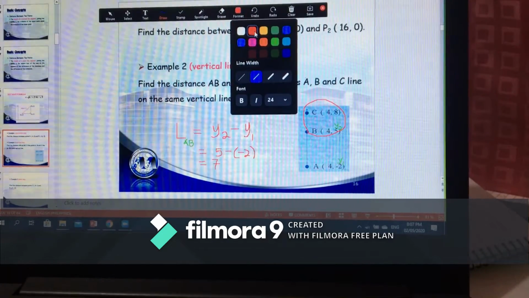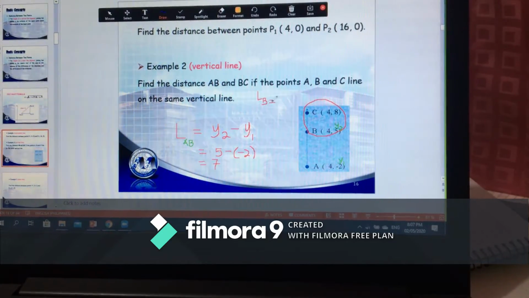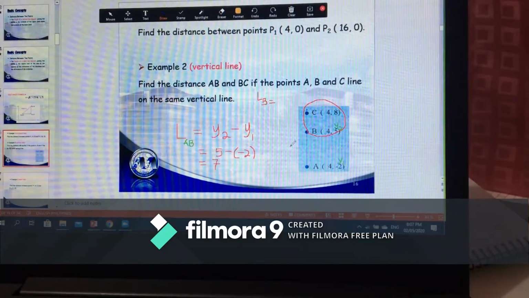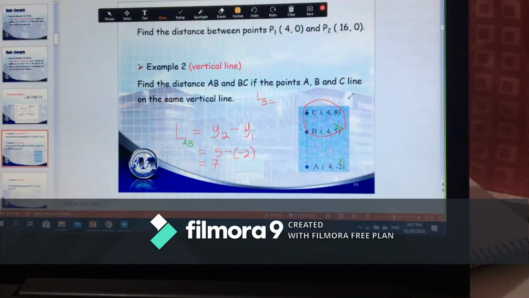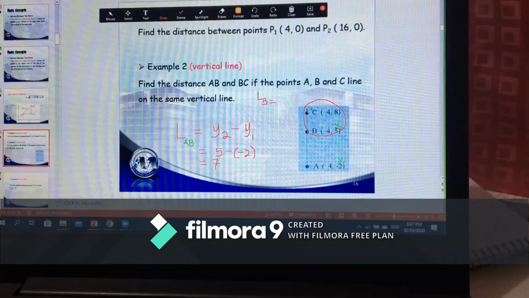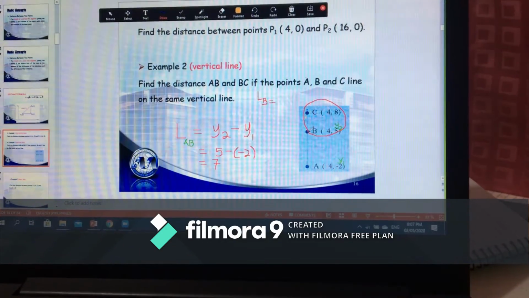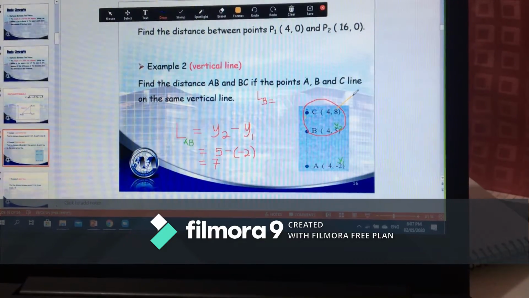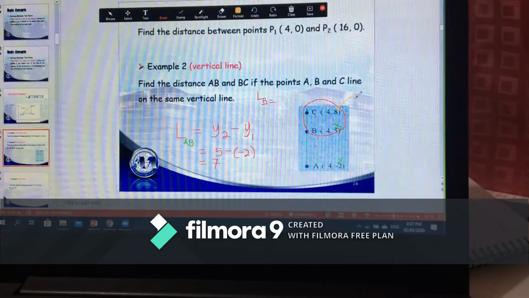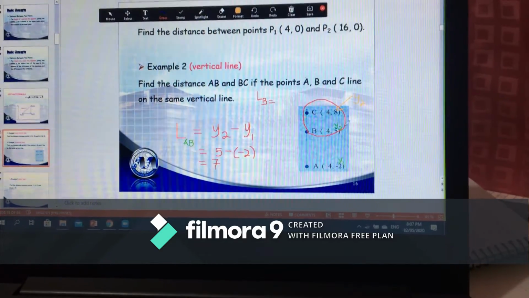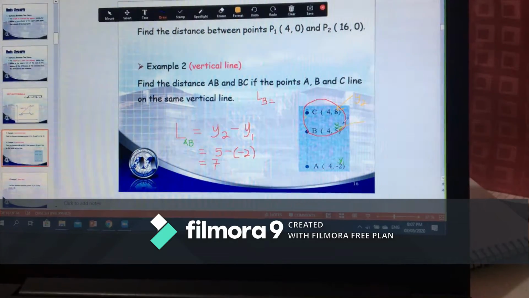So, ganun pa rin, we have y2 minus y1, pero this time, anong y2 natin? So, ito yung upper natin, ito yung lower, di ba? So, in this case, ito naman ang ating y2, and this time ito ang ating y1.